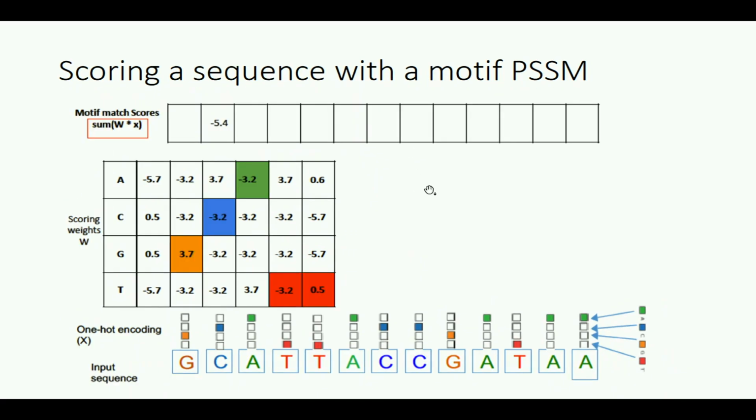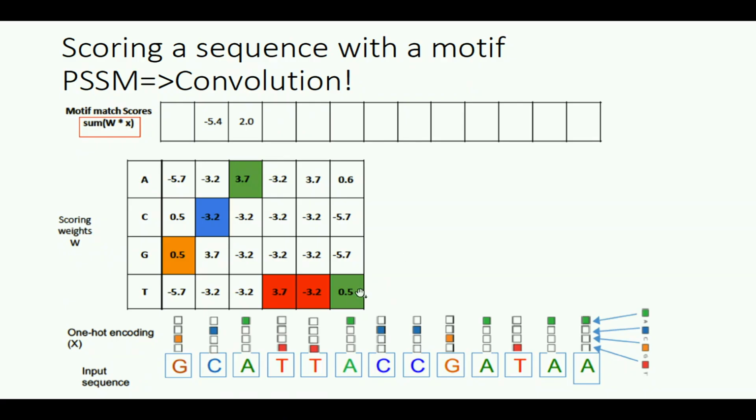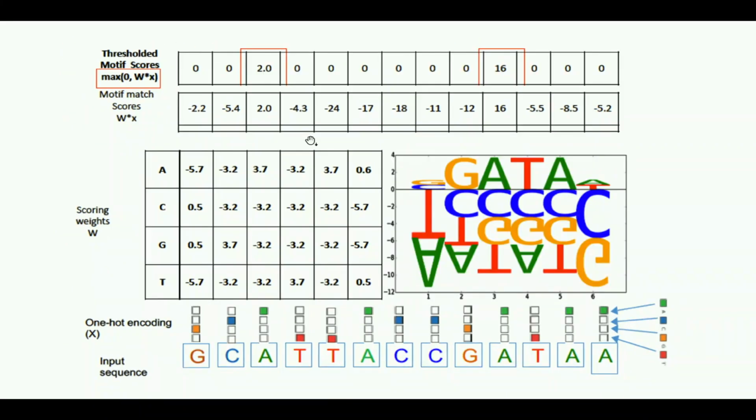So you can consider this case: if you represent the sequence as this one-hot matrix and you have these PSSM scores, you add up the elements that are non-zero, and you get a PSSM score here, which tells you how well you match this motif. And if we do this at different positions, you get different numbers, and you can apply a threshold there such that things beyond a certain threshold you can consider positive, like there's a matching motif.